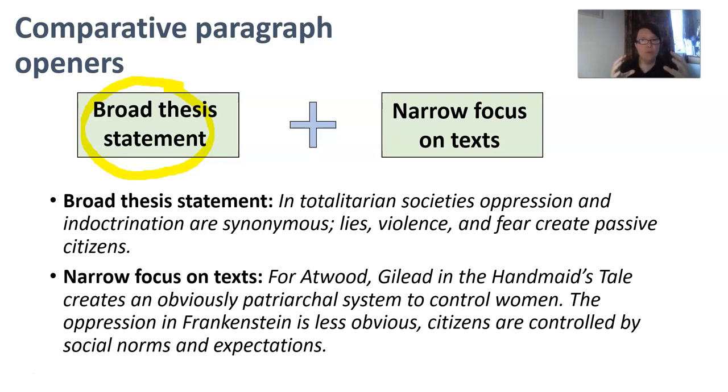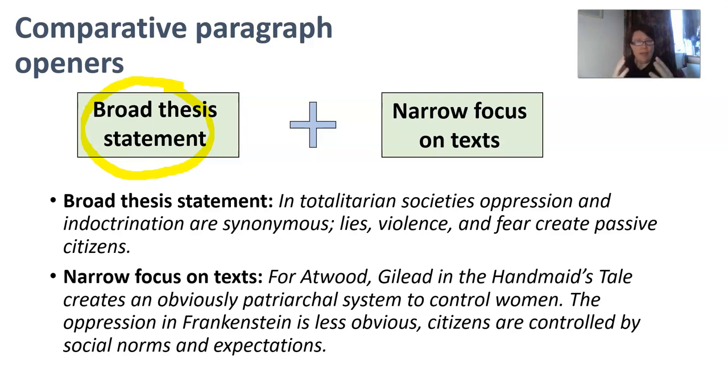So that's my broad thesis statement. You know then that in this paragraph, I'm going to be talking about oppression and indoctrination. And then I'm going to be talking about how that oppression and indoctrination is created by lies, by violence, by fear, and the passivity of citizens. And because these texts are big texts and they've got so much to talk about in them, you're going to have that amount of stuff in your thesis statement because you're going to have so much to say.